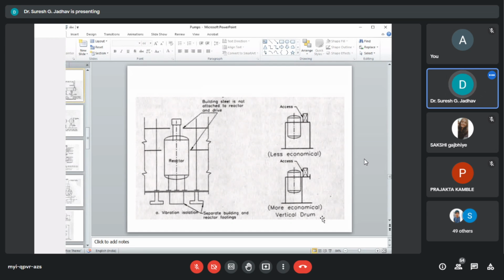Here we can see the more economical vertical drums and less economical drums. So the structural arrangement for support contributes a considerable part in the economics of installation.